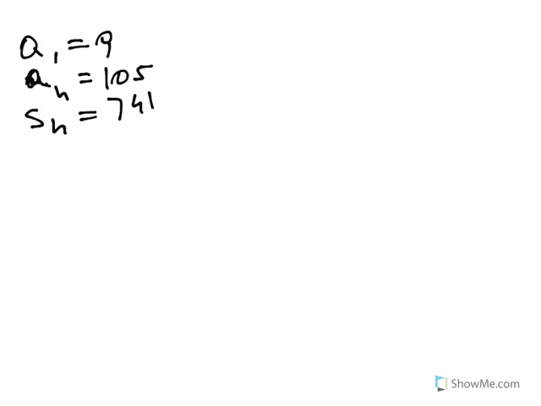Step number 1. Since you know that a sub 1, a sub n and s sub n are given, we can use the formula for the sum of all the terms in a series, which means s sub n equals number of terms divided by 2, first term plus last term.